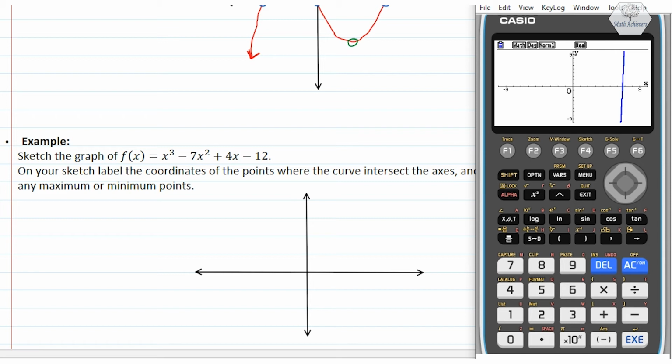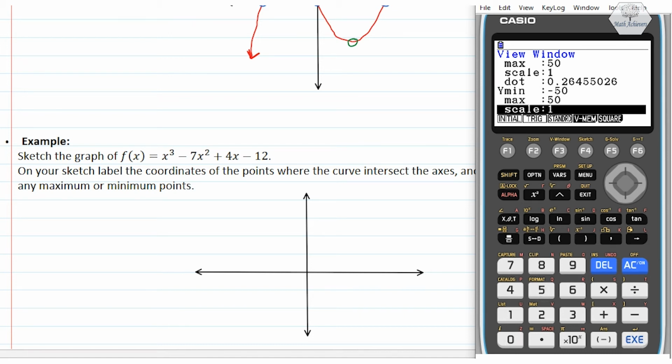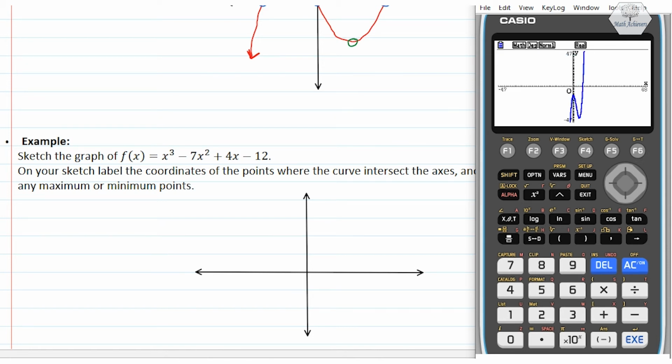We can't see the function well, so we have to fix the V window. Let's have it from minus 50 to 50 for the x values, and the y from minus 50 also to 50. And exit, and we draw our function now. This function looks this way.